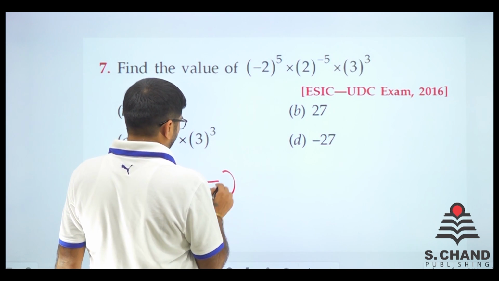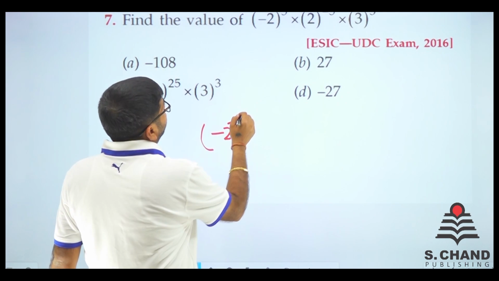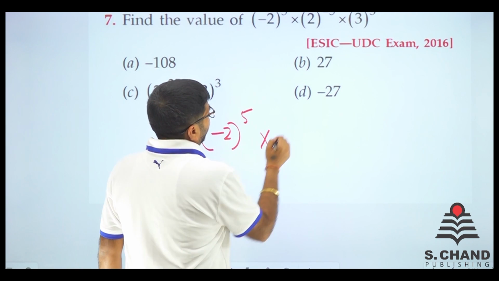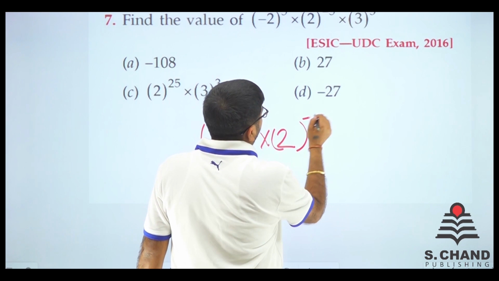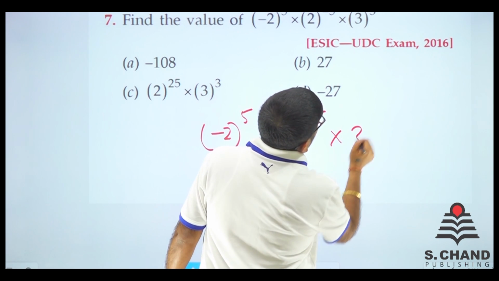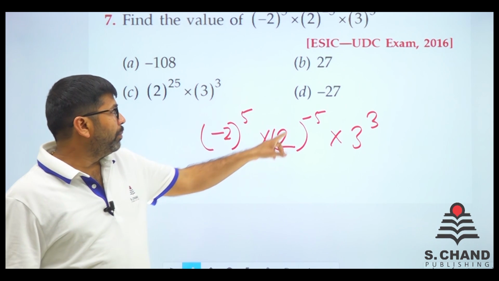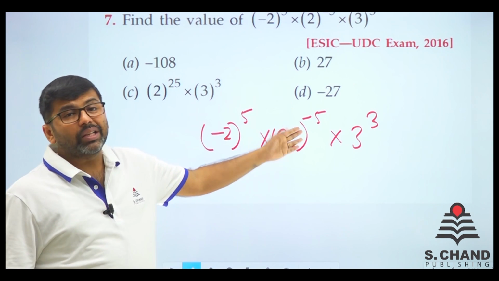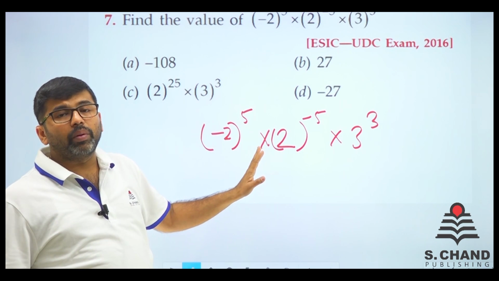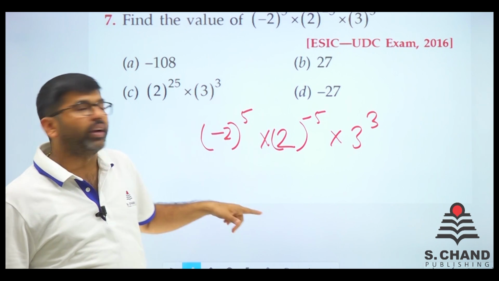So minus 2 power 5 into 2 raised to power minus 5 into 3 ka cube, right? What I can do, I remember that if the power is in minus, just put that in the denominator part.